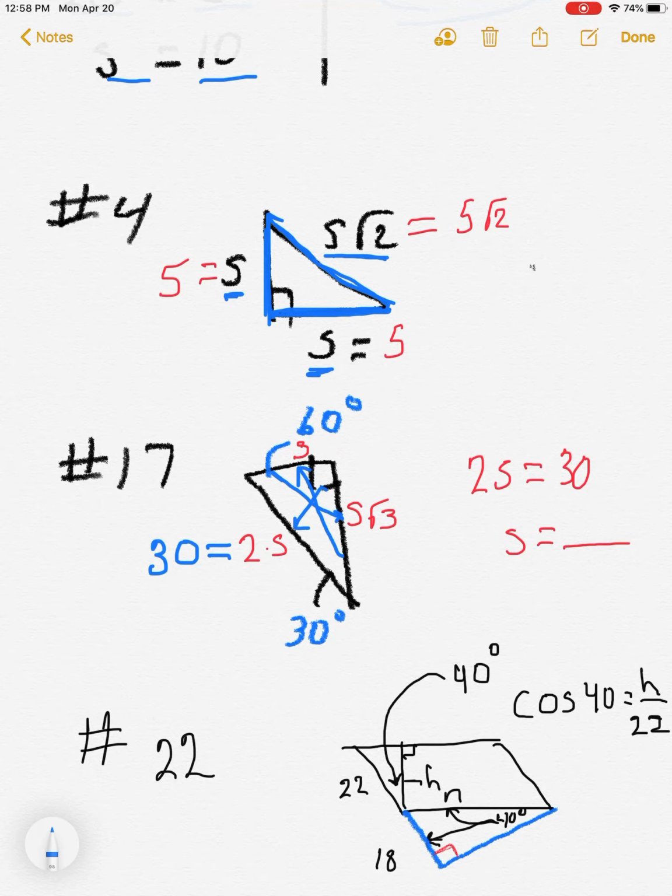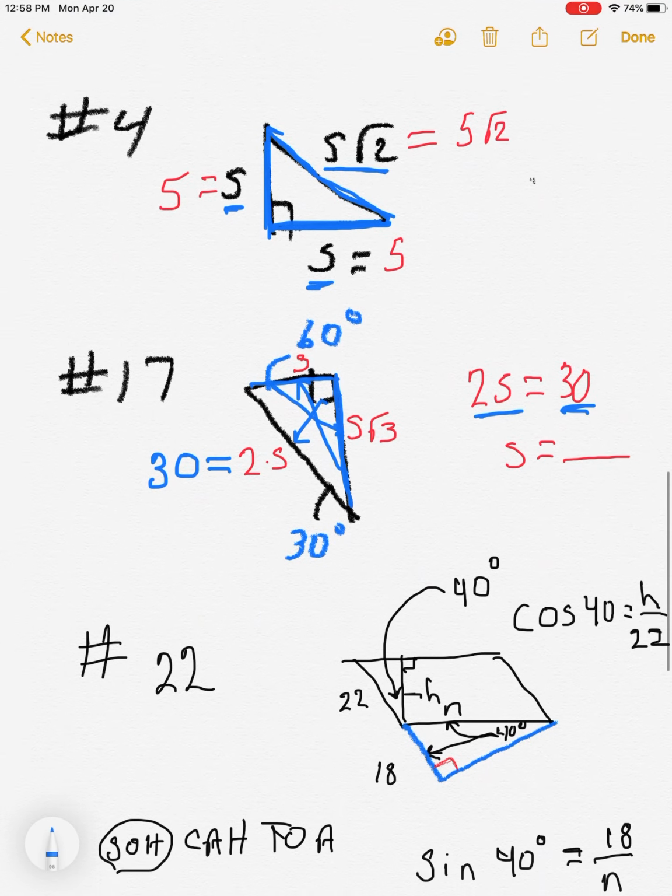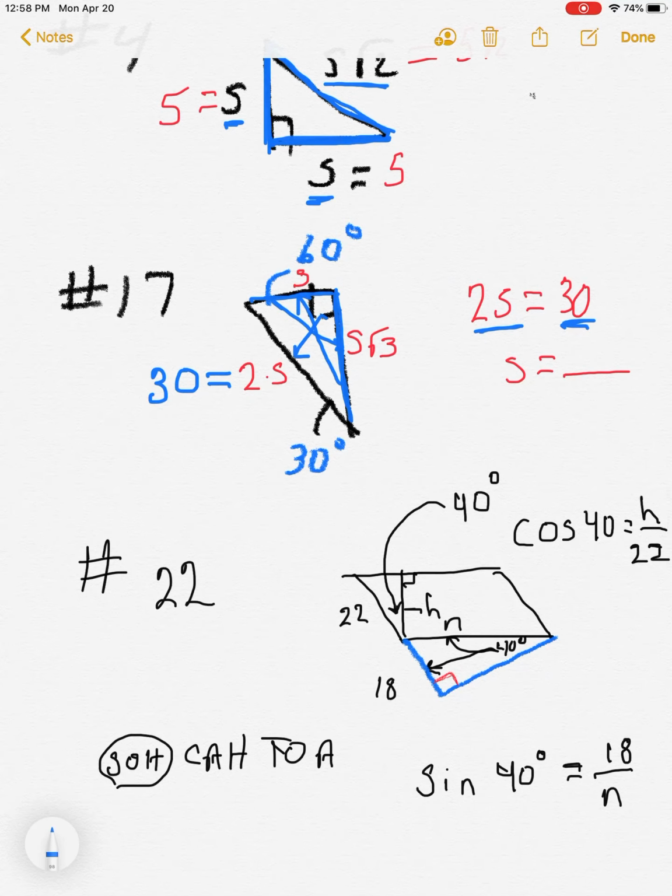In this problem, since the side across from the 90 is 2s, then 2s equals 30. You should be able to solve for s, which is going to be this dimension here. And once you know s, you can multiply it by the root of 3, and you will know the height of the parallelogram. Knowing the height of the parallelogram, you will be able to find the area. Area is base times height.